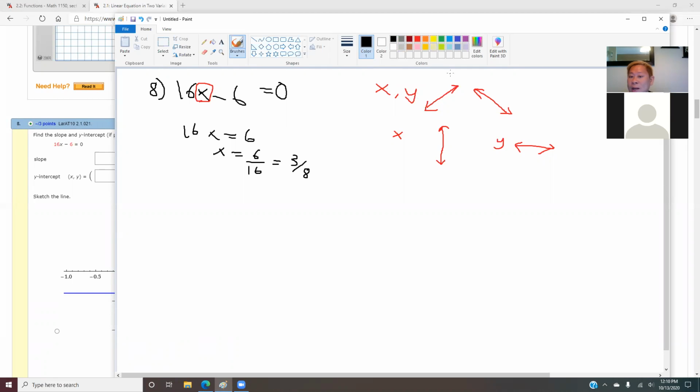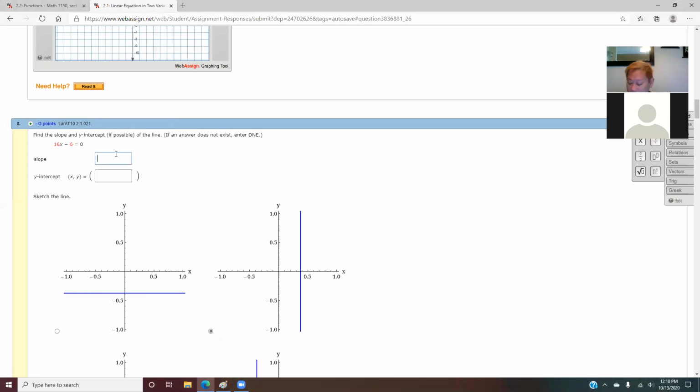If your line is going upward, your slope is positive. If you're going down, the slope is negative. If you're going horizontal, your slope is exactly 0. But if you're going a vertical line like this, your slope is undefined. So we know that this slope will be undefined, or DNE.